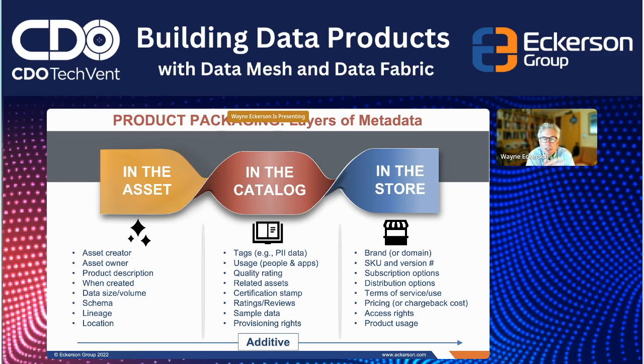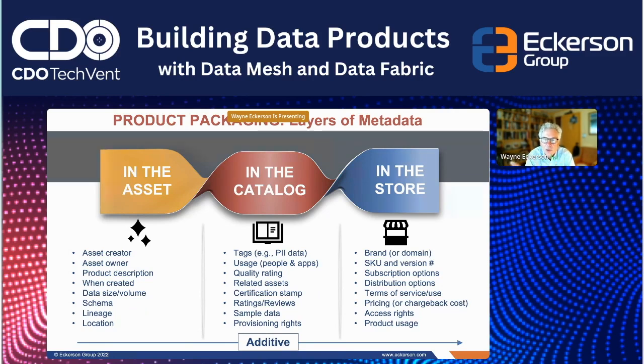What's the quality rating? What are related assets that I might be interested in? Is it certified by our governance team? How are people rating it? What are reviews that people are leaving behind? Can I take a look at some sample data? And then can I request access to it? That's usually what you can do in a data catalog.